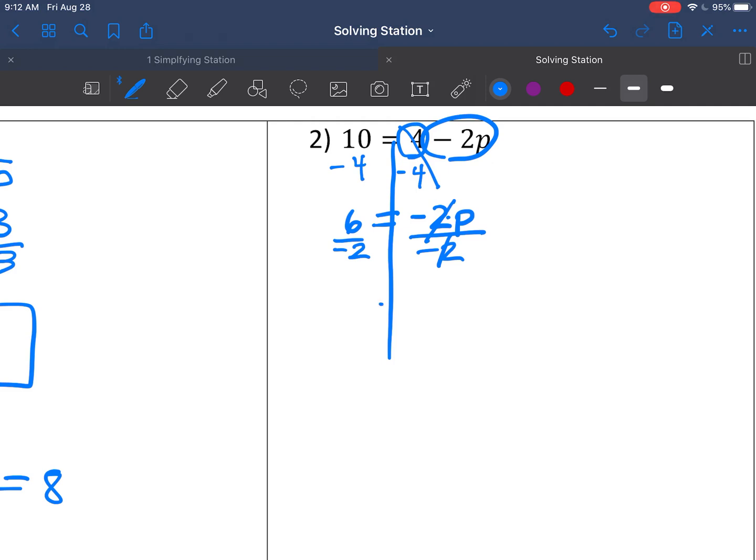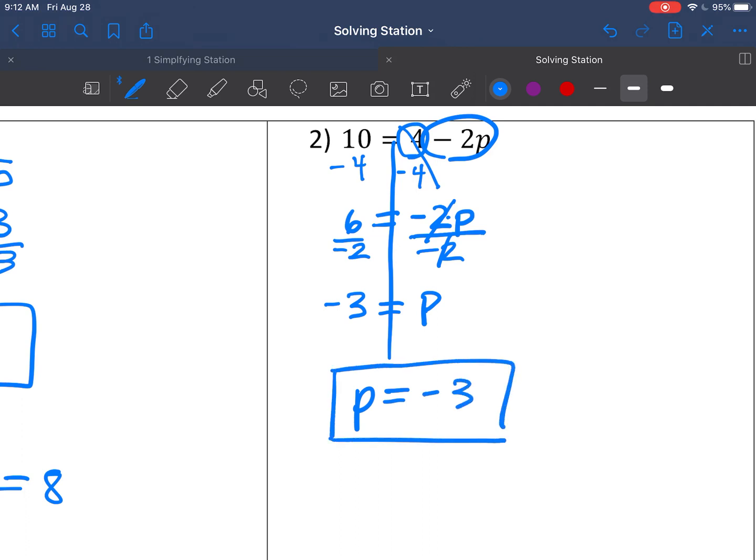Don't lose negative signs. On the right-hand side, -2 divided by -2 leaves us 1. So we have 1p. And then 6 divided by -2 is a -3. My final answer is p equals -3.